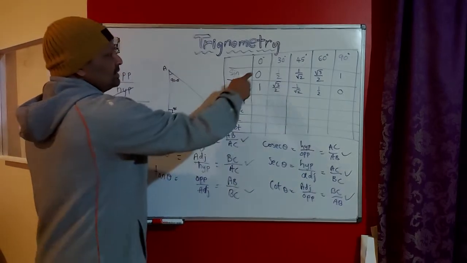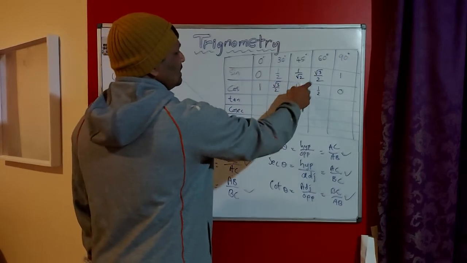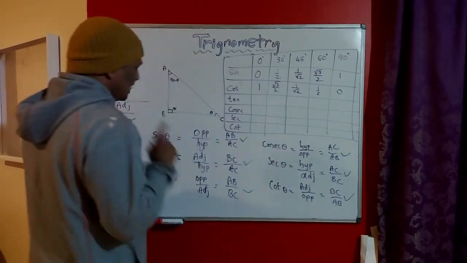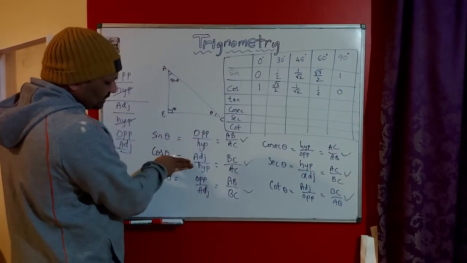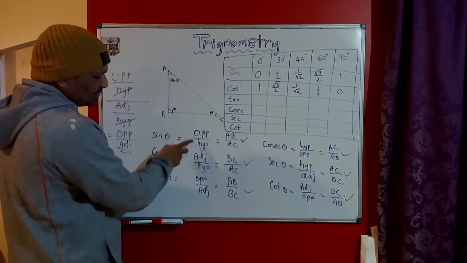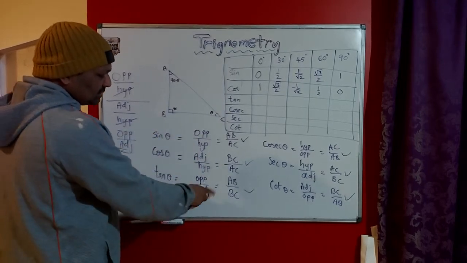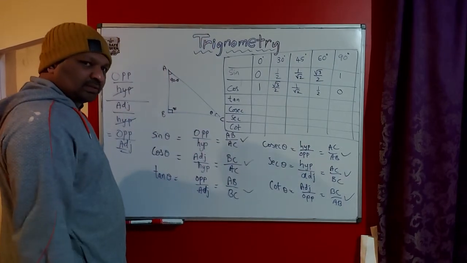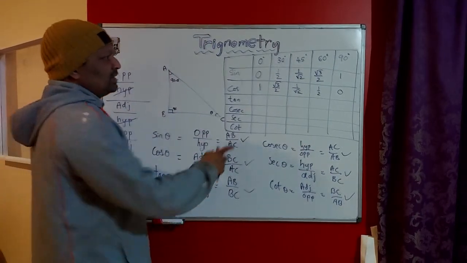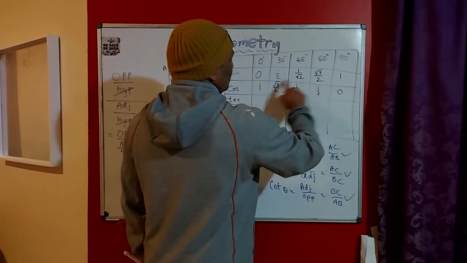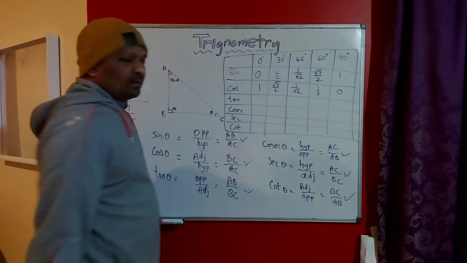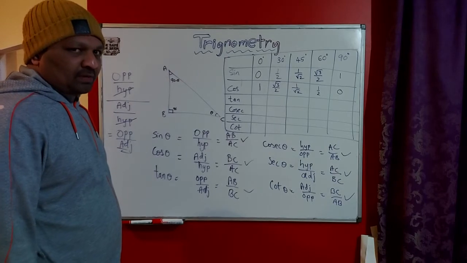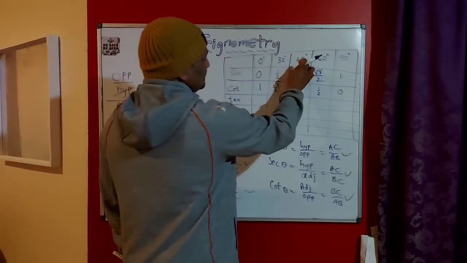What is tan? This by this, this by this, this by this. As I said, it's important to remember these two ratios. Once you remember these two ratios, it's easy to derive the other ratios. Similarly, if you remember this row and this row, it's easy to fill the remaining trigonometric ratios for these standard angles.